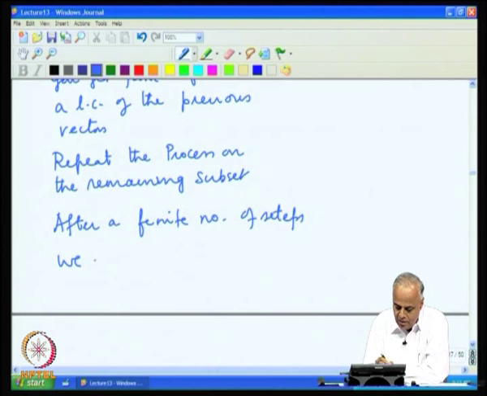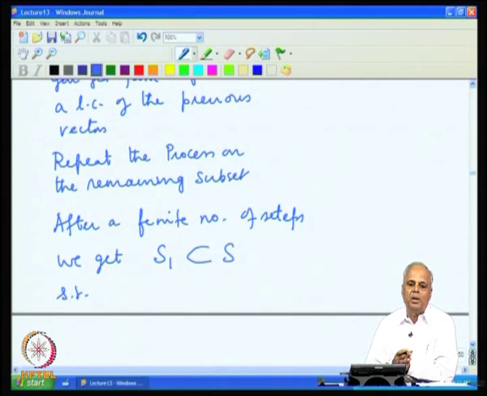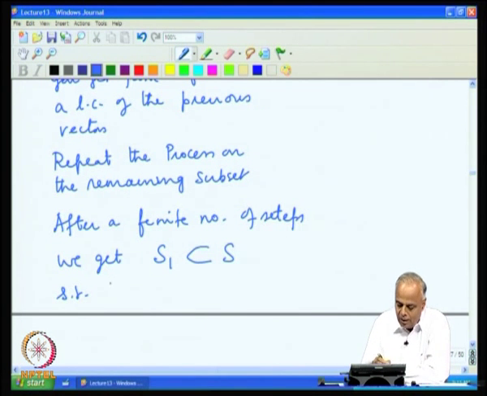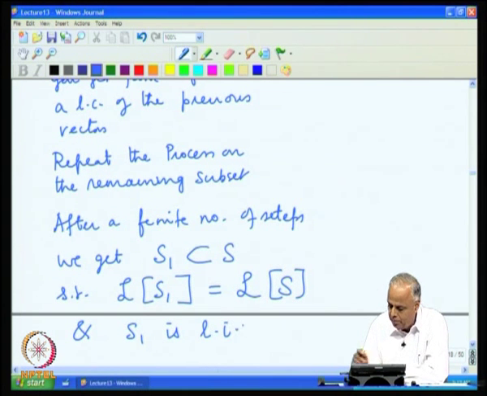we get a set S1 which is strictly contained in S, such that now whatever was removed was a linear combination of the remaining fellows. So therefore they are not going to produce anything new in the spanning, the LS1 will be the same as LS, and S1 is linearly independent.